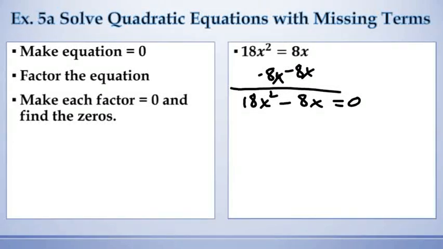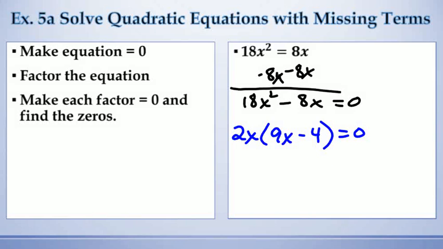So I can take out a 2x, that's the biggest factor of 18 and 8. So if I take a 2x out of 18x squared, that gives me 9x. 8x divided by 2x gives me a negative 4. This equals 0. Remember, all I need to do is make both factors equal to 0.